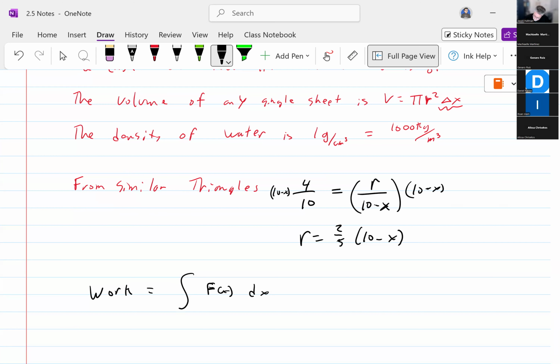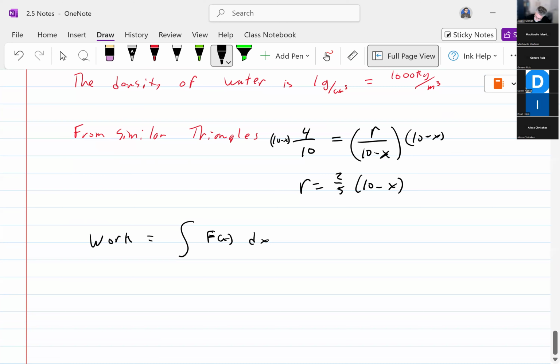The idea is we need to figure out the expression for the force. We don't have the mass, which would be nice, but we do have the density and the volume of water. Now the volume of the water is constantly changing, but we do have an expression for the volume.